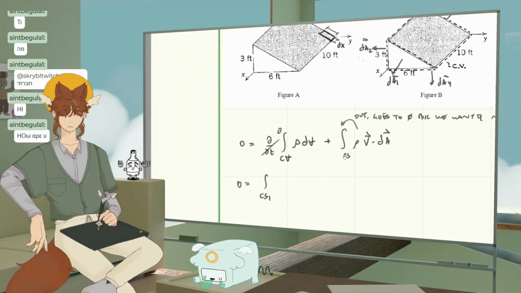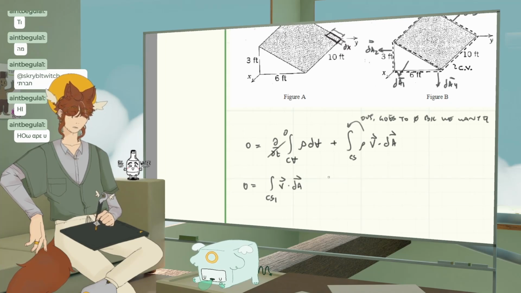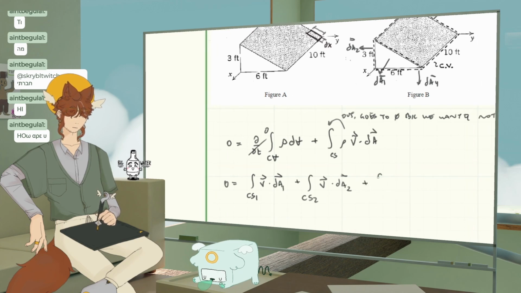So we're gonna get control surface 1 of v dot dA1 plus control surface 2 of v dot dA2 plus control surface 3 v dot dA3.